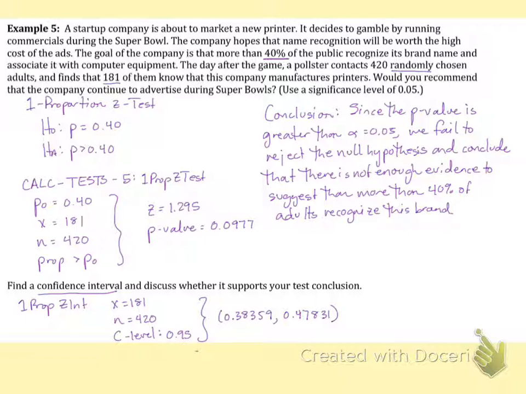It supports our test because note the null hypothesis is within the interval. And so that's why it supports failing to reject that null hypothesis, because the null hypothesis is contained within this interval.